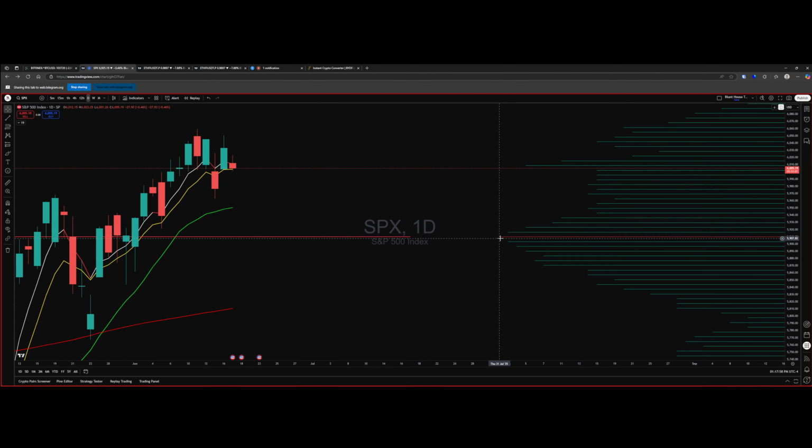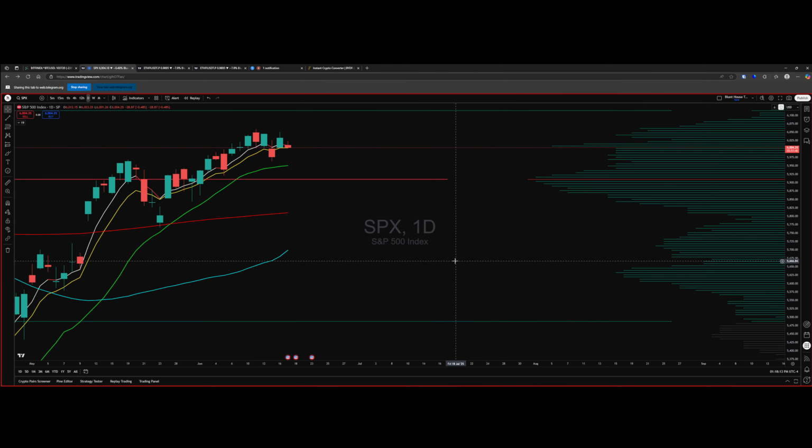And the shelf for that volume gap is the point of control at 59.10, let's just say. That's the point of control on the daily S&P 500. The 20-day moving average is around 59.51.